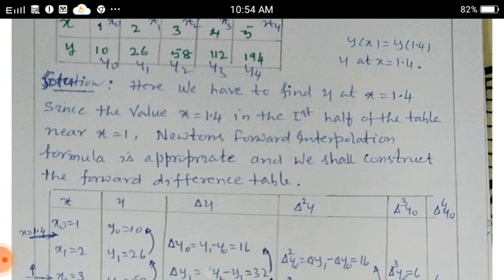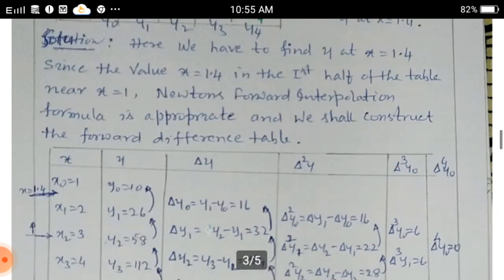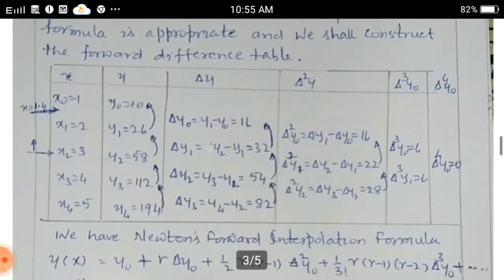Okay, next. We construct the table as follows. Write the values of x: x0 is equal to 1, x1 is equal to 2, x2 is equal to 3, x3 is equal to 4, x4 is equal to 5.